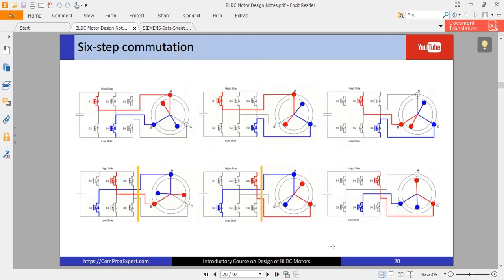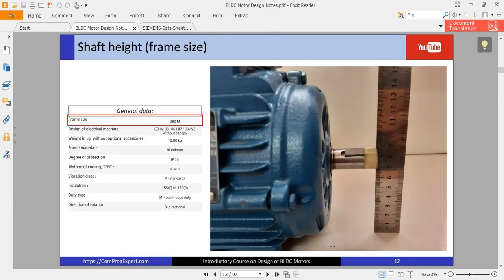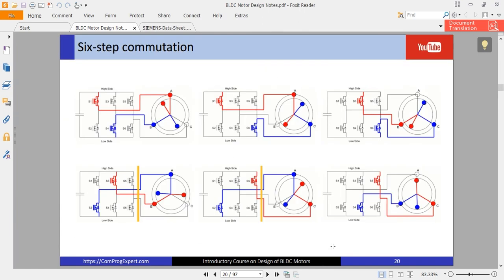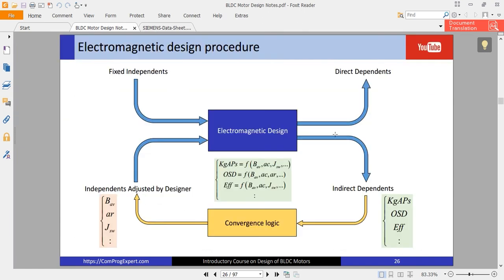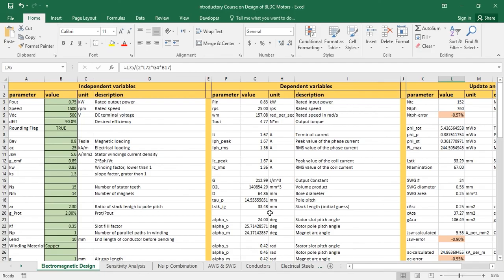Remember this iterative procedure. We assume proper numbers for the slope factor and winding factor, we do the design, do finite element calculations, and update the design again and again to match the numbers.